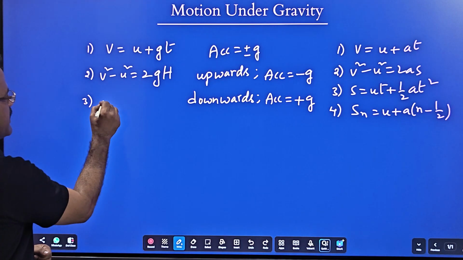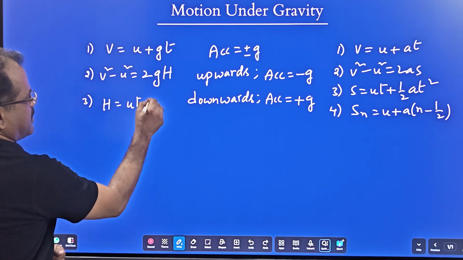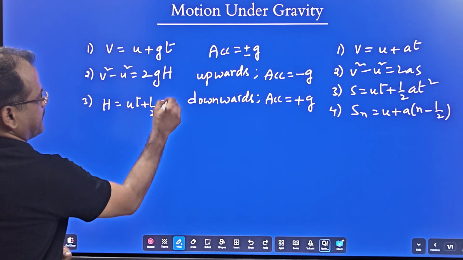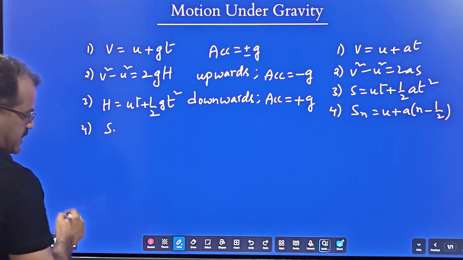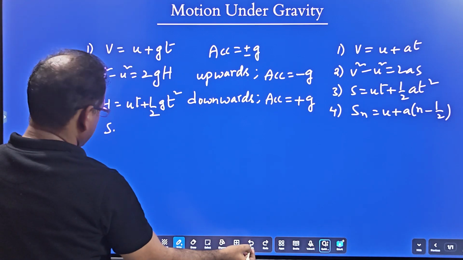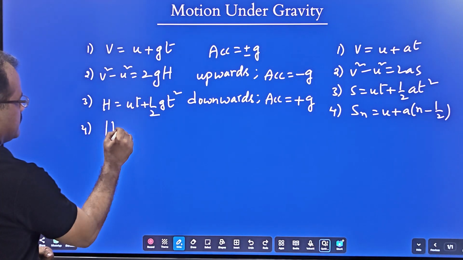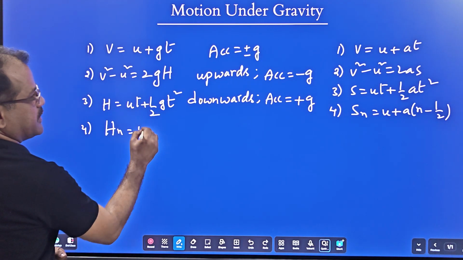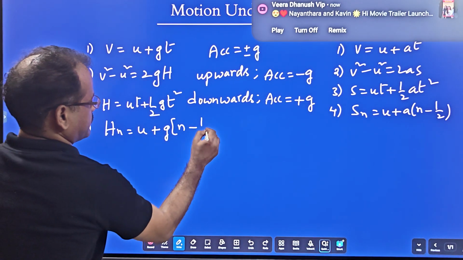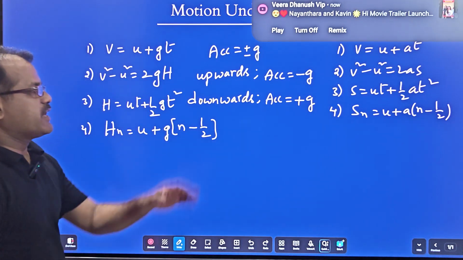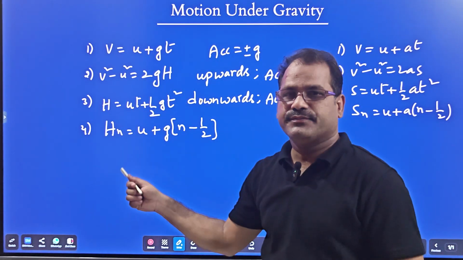Similarly, third equation, h is equal to ut plus half gt square. And fourth equation, Hn, the height covered in the nth second, is equal to u plus g into n minus half. So we can rewrite those equations of motion like this.